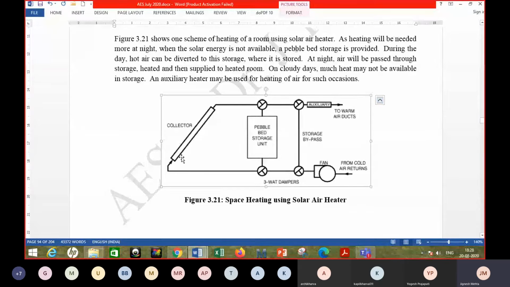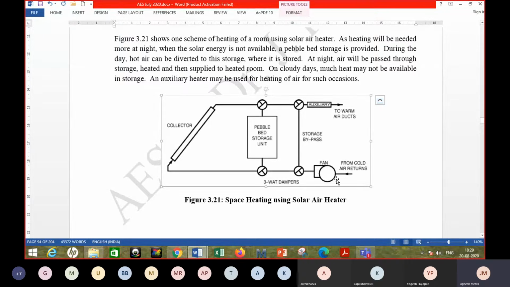During the day there must be an array of collectors, the solar air heaters, the design could be the one which was shown, and these collectors would receive solar energy and produce heat. The air will be blown through those collectors, and during the daytime, when the usage of solar energy is low or nil, at that time you can pass the hot air through the pebble bed storage, where it will heat up this media, the pebbles, and it will store the heat.